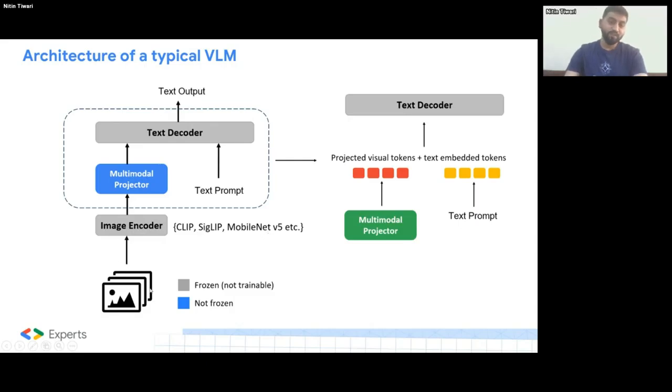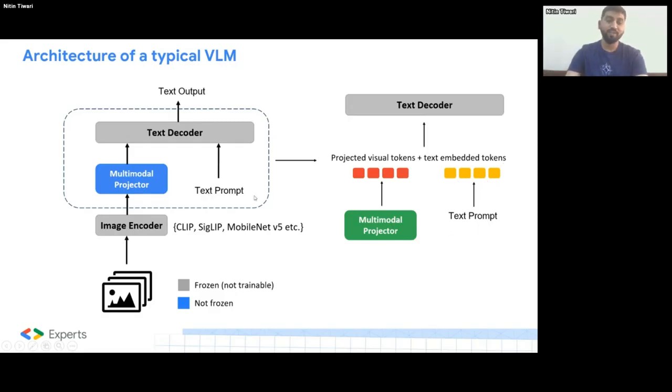Once we pass the image to an image encoder, we get some kind of embeddings, or some tokens, which you can see here. If I zoom in on this particular part, once the image encoder output goes to the multimodal projector, this is what we get. The red ones are the visual tokens or embeddings of the image. The yellow ones are the text prompt embedding tokens.